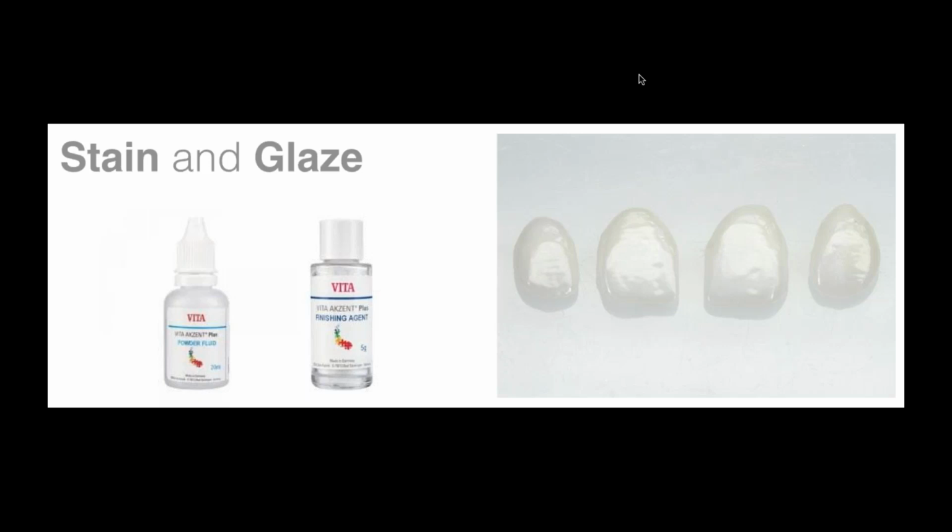So I found that this material, the Accent Plus finishing agent, gives you a really nice final natural glaze effect without losing the texture, which for me is very important when we are trying to reproduce natural teeth.